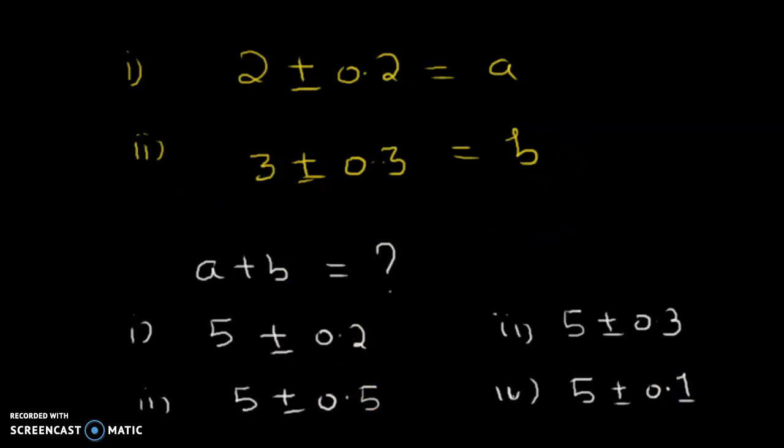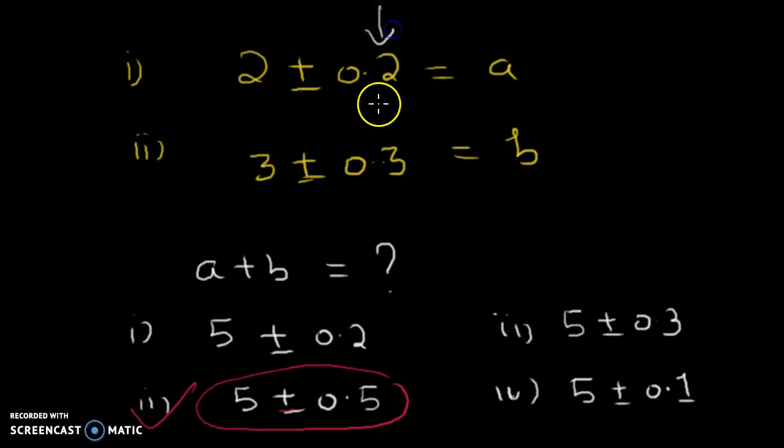So the answer of this is simply this one. I'll give you the basic funda. Whenever you add readings or subtract readings, errors are always going to add. You just need to add the error part.